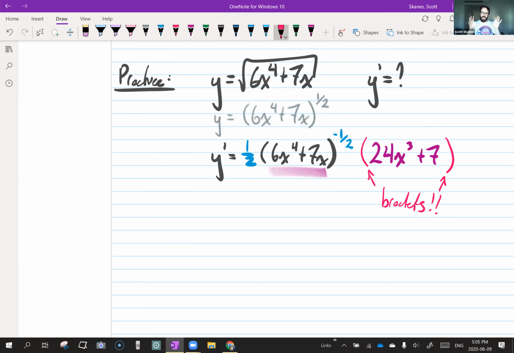You need to multiply everything by the derivative. Remember, derivative of the outside, keep the inside the same, multiply everything by the derivative of the inside. So let's see, 1/2, 6x to the power of 4 plus 7x, all to the power of negative 1/2. The rest is right. Yeah.